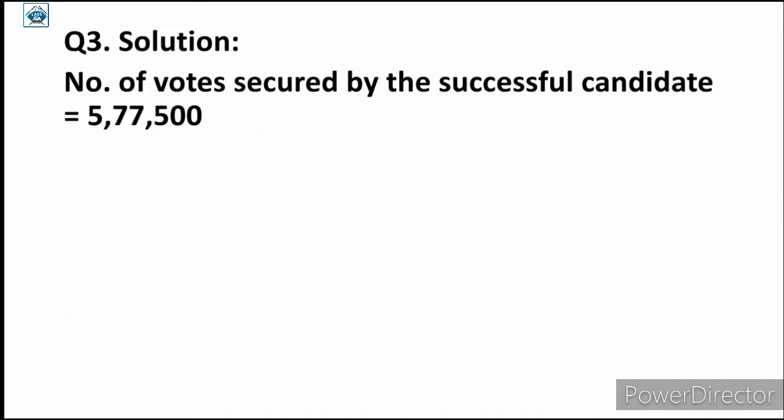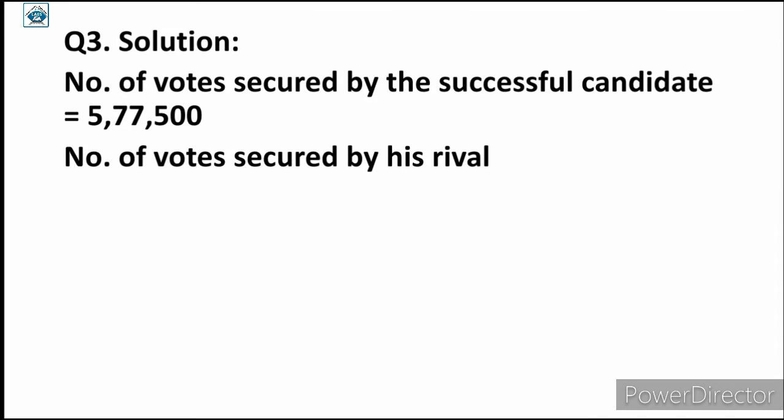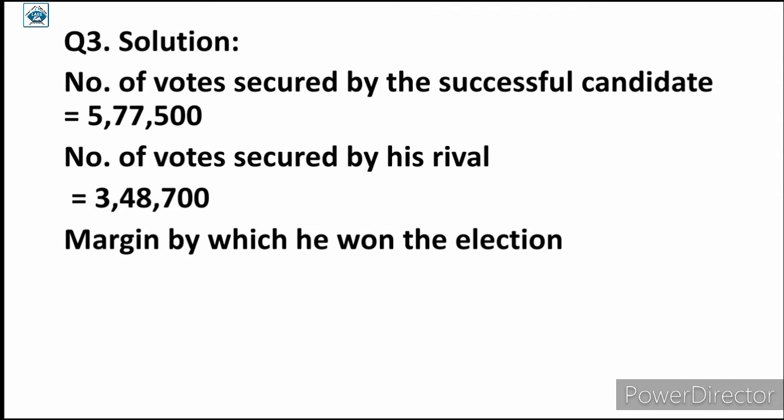Here we are given number of votes secured by the successful candidate is equal to 5,77,500. Next we are given number of votes secured by his rival is equal to 3,48,700. So margin by which he won the election is equal to 5,77,500 minus 3,48,700.